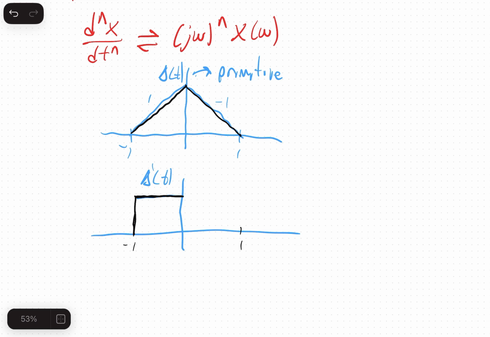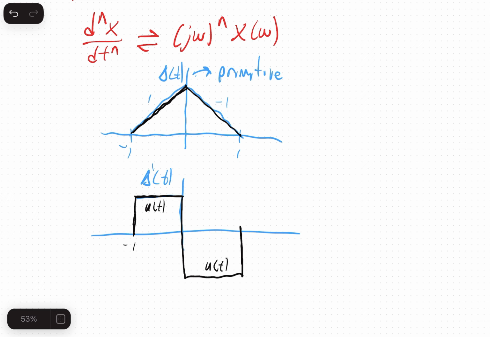The slope of the left side is 1, because it's a line with a positive slope, and then it switches to -1. So this is what we call the first derivative. And I want you to look at this: it actually looks like a unit step.